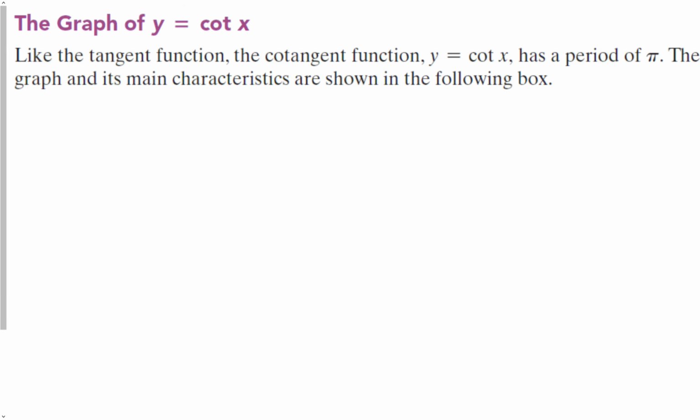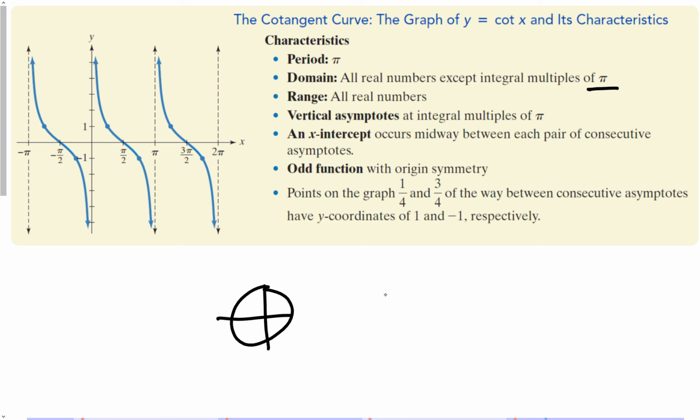Okay, still has a period of pi. Characteristics are pretty similar. It still has a period of pi. The domain is all real numbers except for integral multiples of the pi. Because remember that the cotangent of theta is now the reciprocal of tangent.